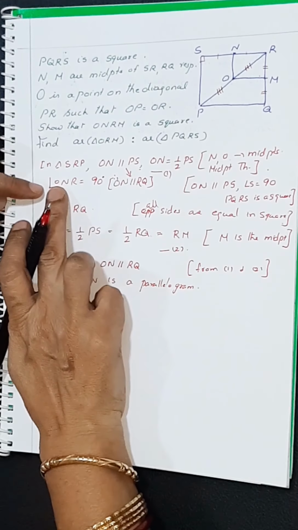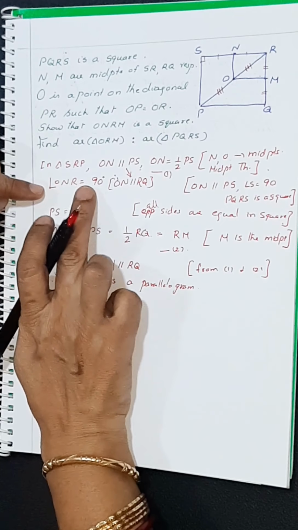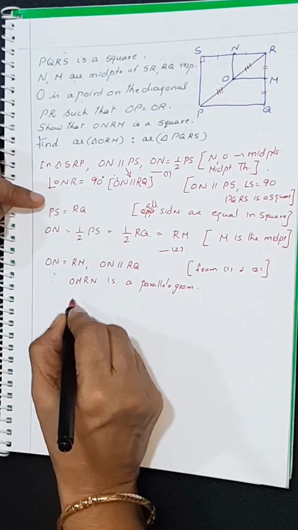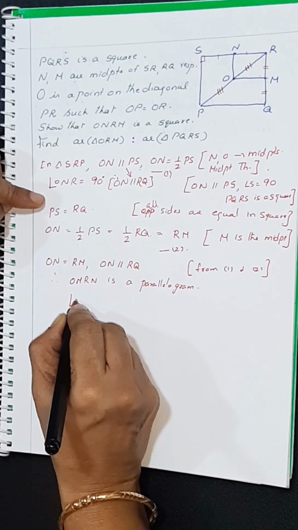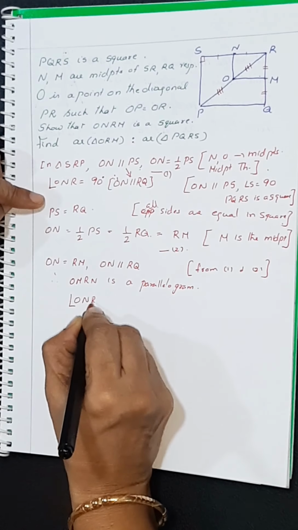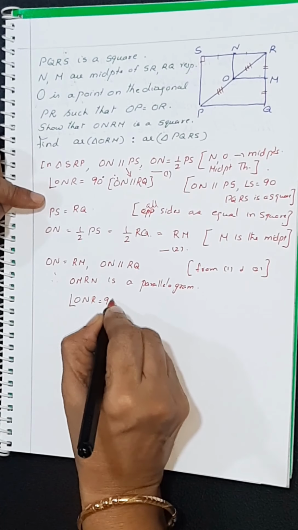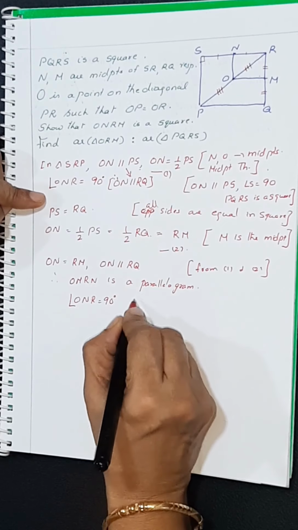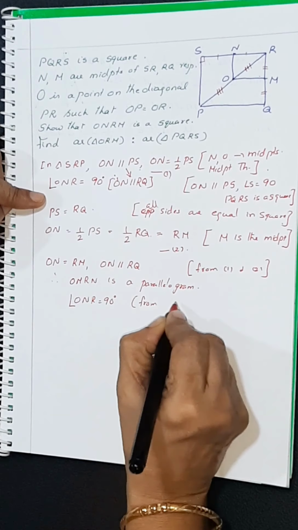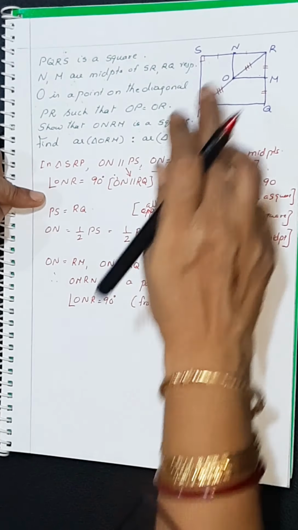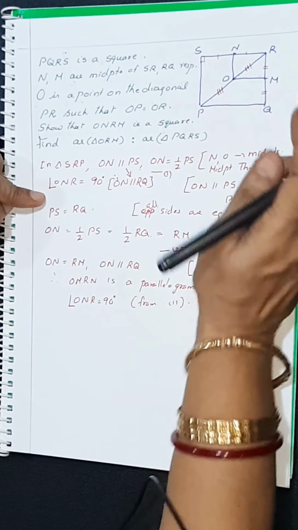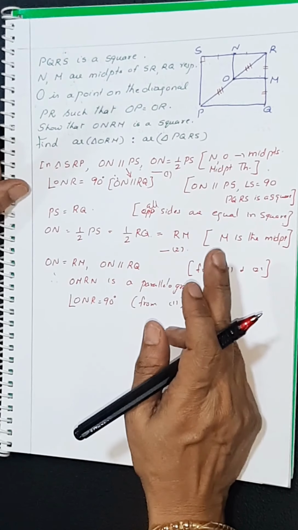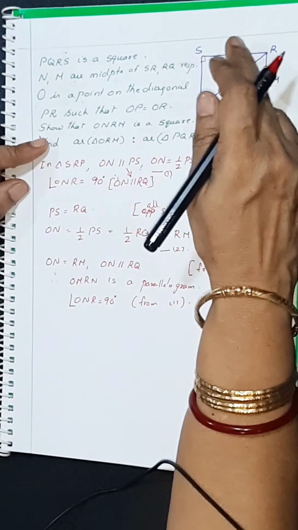Now we have also proved angle ONR is equal to 90, from 1. Therefore, since one of the angles is 90 in a parallelogram, it is a rectangle.